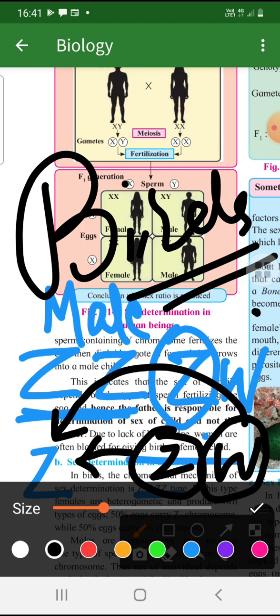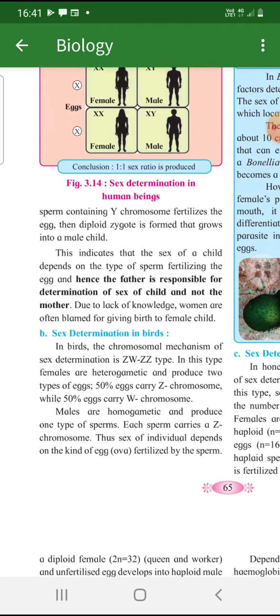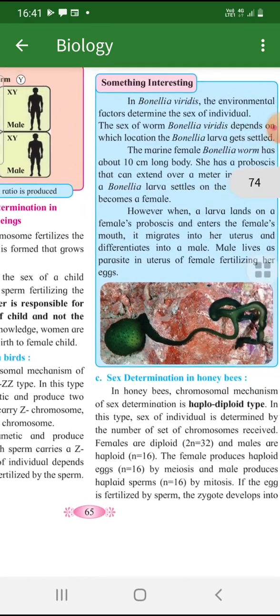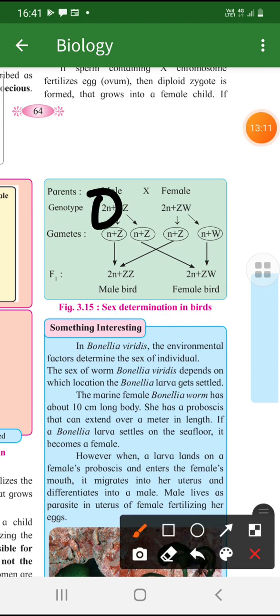Female is responsible for the sex of the child in birds, but it is not written as X and Y, it is written as ZZ and ZW type. OK, here you will ask me what is this 2N, जो बाकी के क्रोमोसोम है वो इसलिए यहाँ रखा है 2N के फॉर्म में.